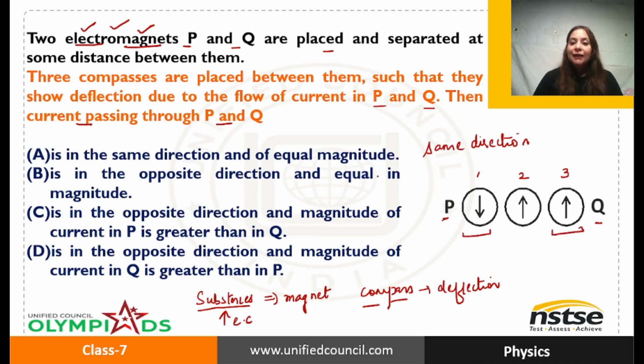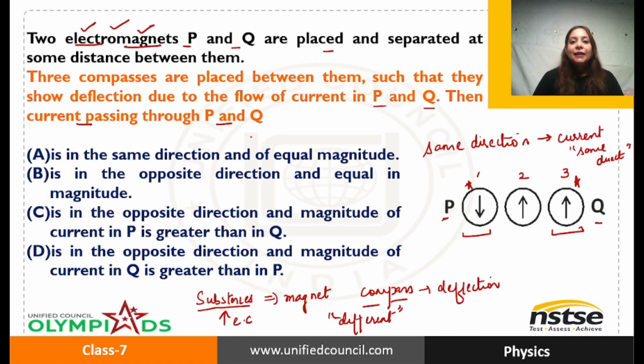So it is clear cut that in the P and Q electromagnets, the current direction is not the same. The current direction is different.